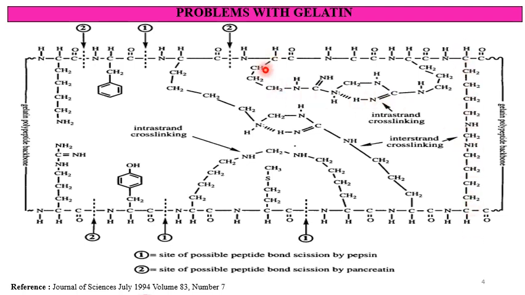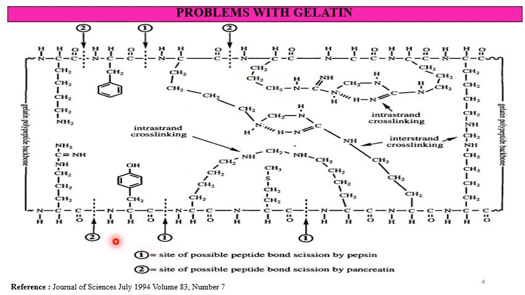Also intra-strand cross-linking will be there. Due to this cross-linking the gelatin becomes insoluble and there is a failure in the dissolution of hard gelatin capsules, soft gelatin capsules or gelatin coated tablets.